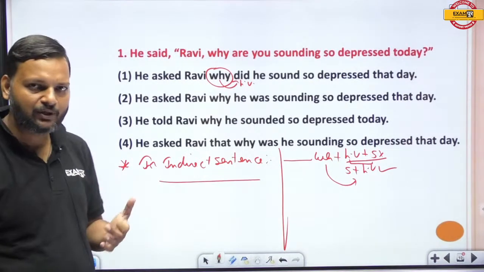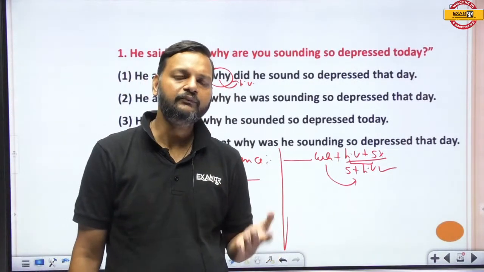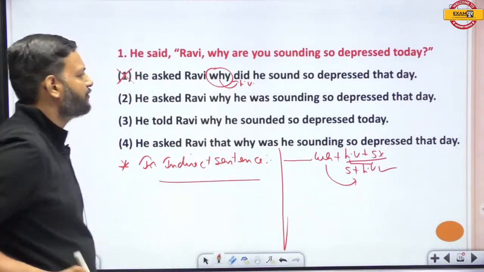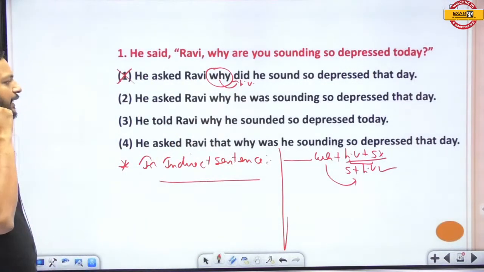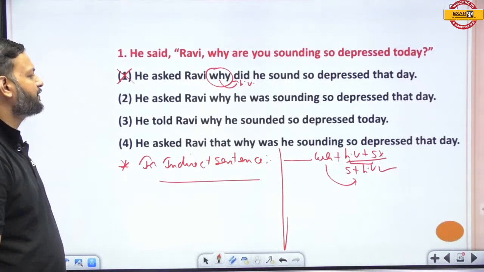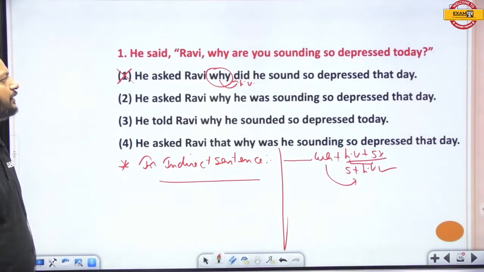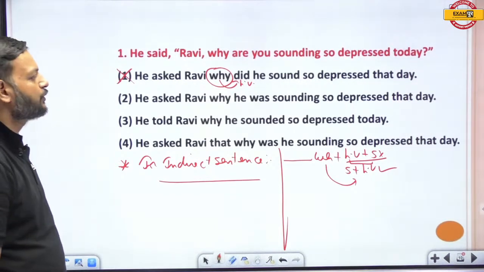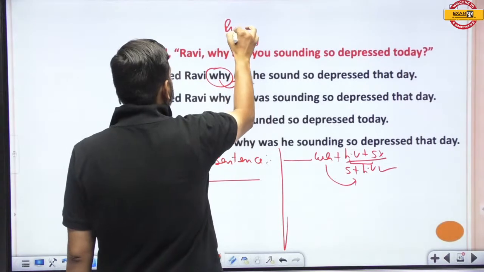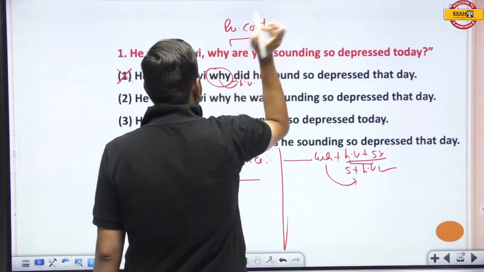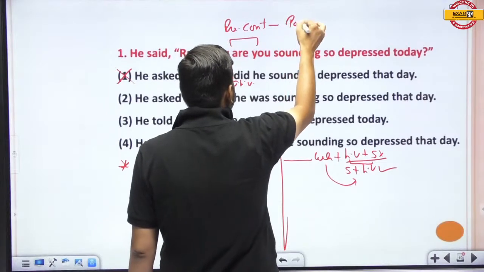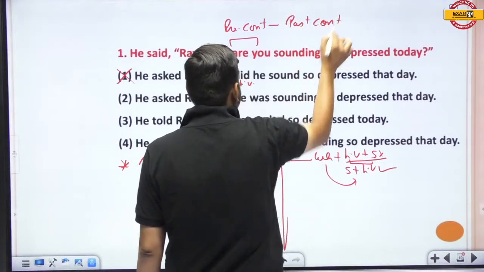In indirect sentence, WH word must be followed by subject. But here we have helping verb. So eliminate this option. Then, Ravi asked why he was sounding so depressed that day. He told Ravi why he sounded. So here we have present continuous. I told you the rules of tense. A present continuous sentence must be changed into past continuous.